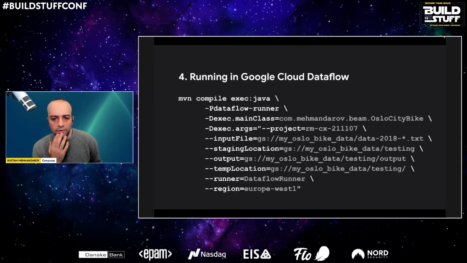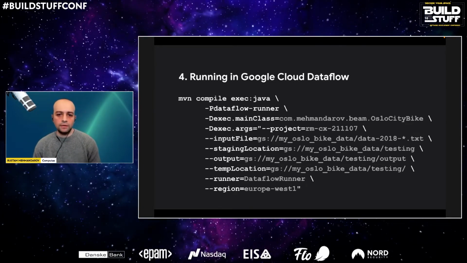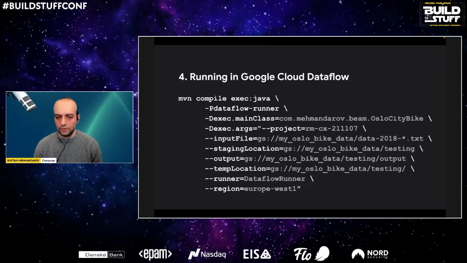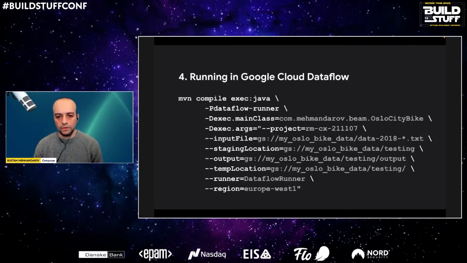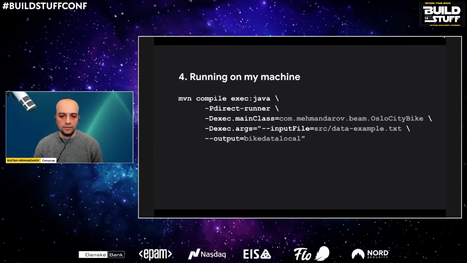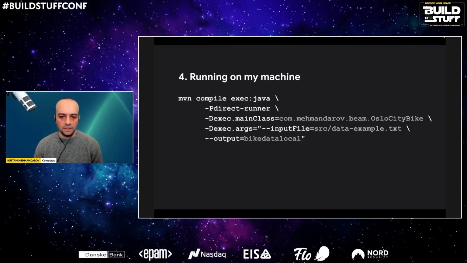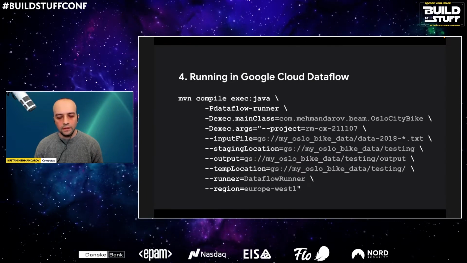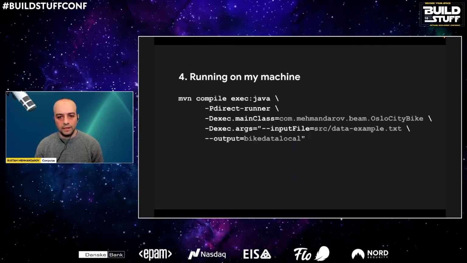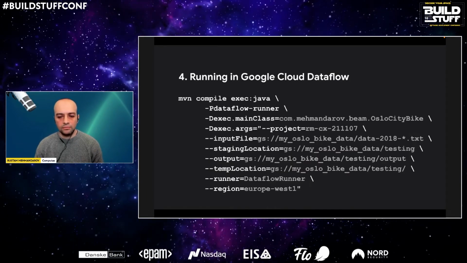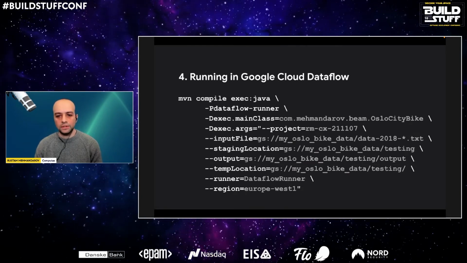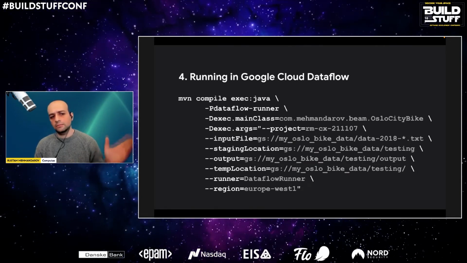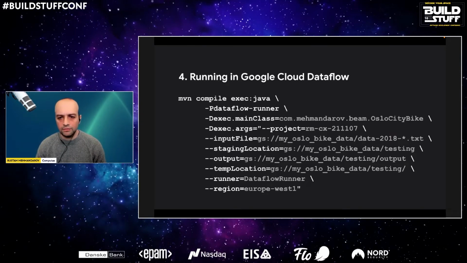Instead of the direct runner, I used the Dataflow runner. I'll go back and forth a few times so you can actually see the difference. You see that some things stay the same. The direct runner changes to the Dataflow runner. The main class and args stay the same, except for the value for the args, obviously, because now I have to provide a path to a bucket and stuff.